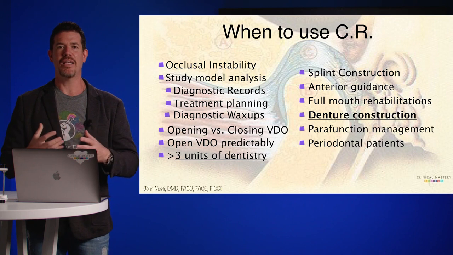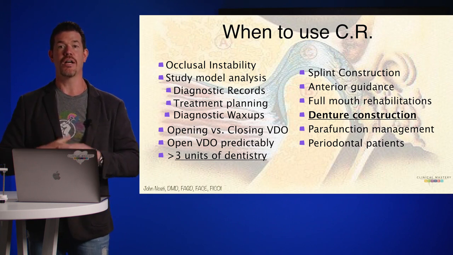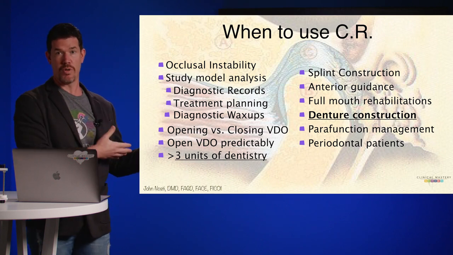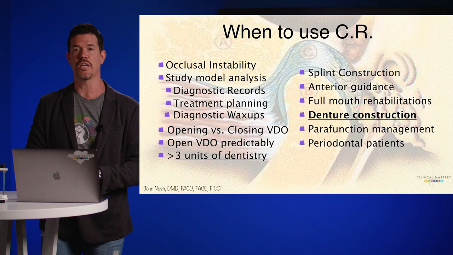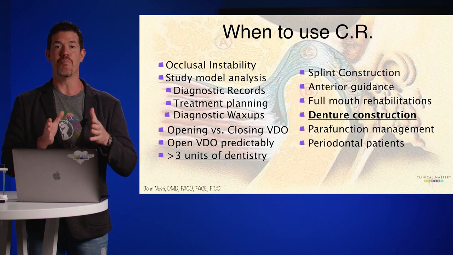So really, when you look at any one of these lists up on the screen, if I'm taking more of a risk in putting a lot of dentistry in my patient's mouth, meaning I'm doing more than 3 units of indirect dentistry, I'm going to build it, I'm going to change that patient's occlusion. This way, I can build them in a parafunctionally best environment.